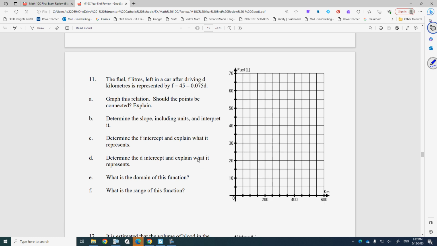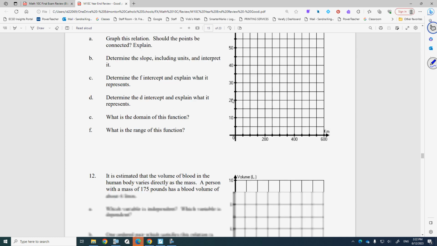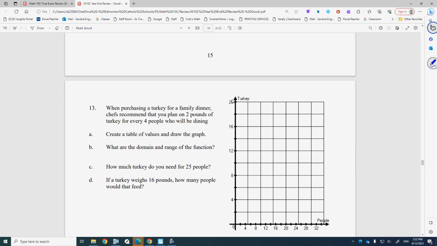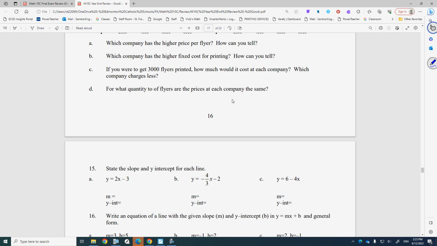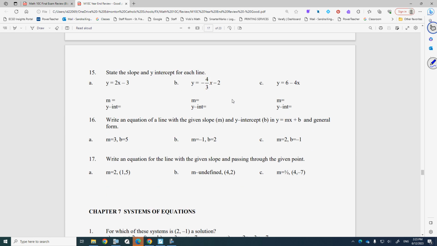You could do number 11. '15, '16, and '17.